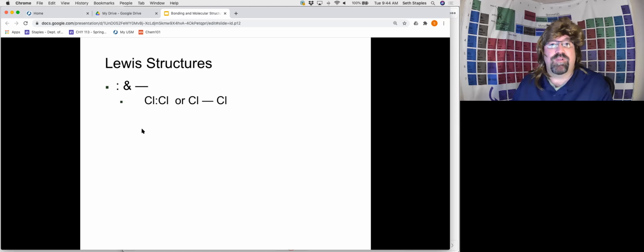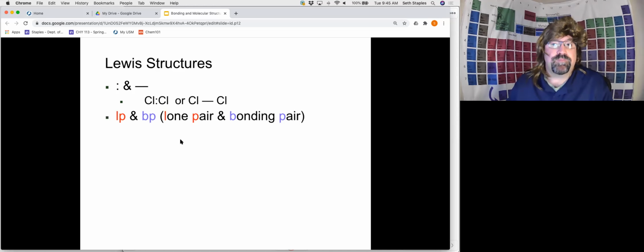Like in this example here, Cl2, a chlorine-chlorine bond, we can either write that as two electrons making up the bond, or this one line signifies two electrons. Personally, I'd recommend using the lines. It just makes things a little more clear and easier to see. Just always remember that the line represents two electrons.